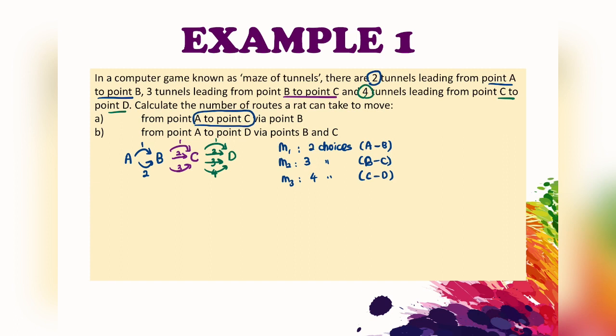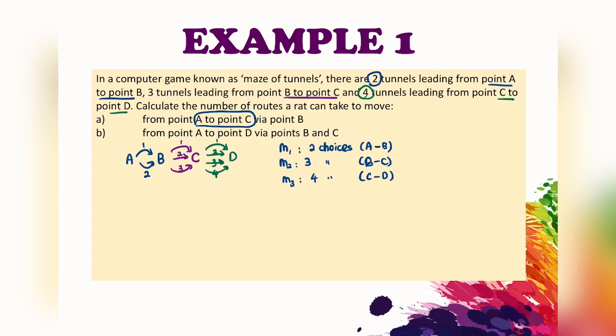So if you look here, the first choice is using tunnel 1 from A to B and B to C. So this will be first, this will be second, third, fourth, fifth, and sixth.